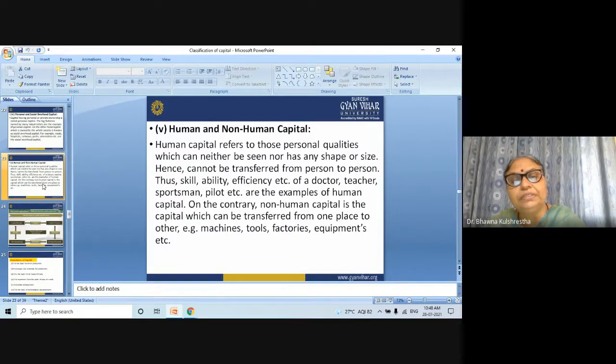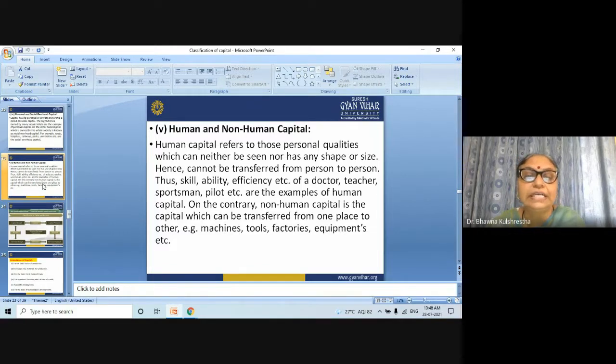Human capital refers to those personal qualities which can neither be seen nor have any shape or size, hence cannot be transferred from person to person.